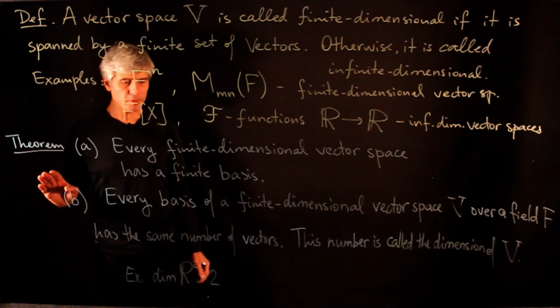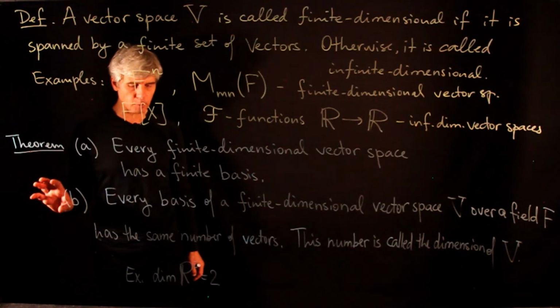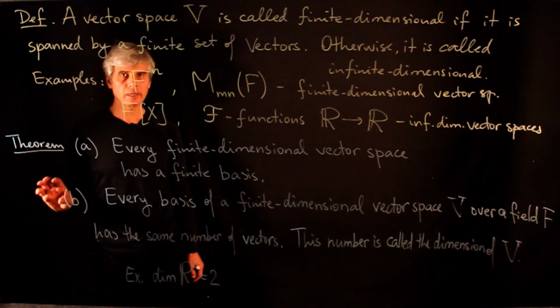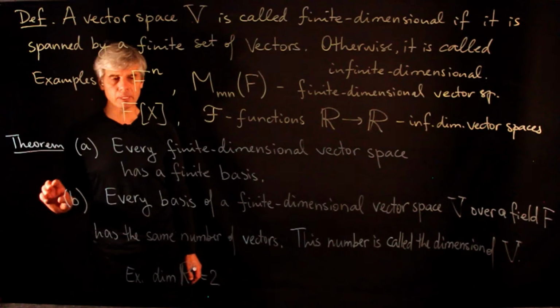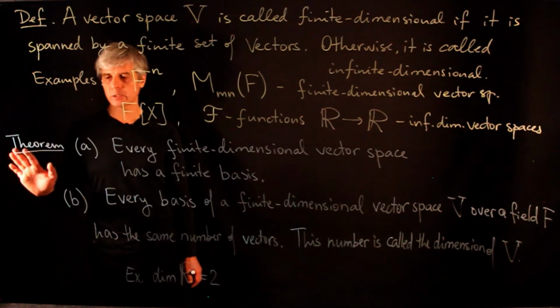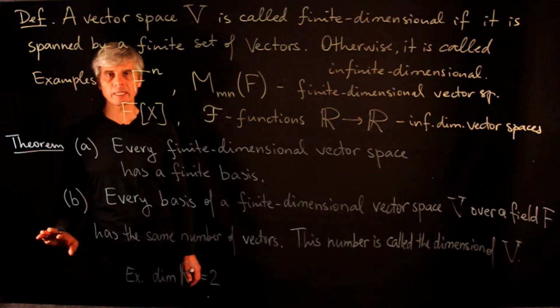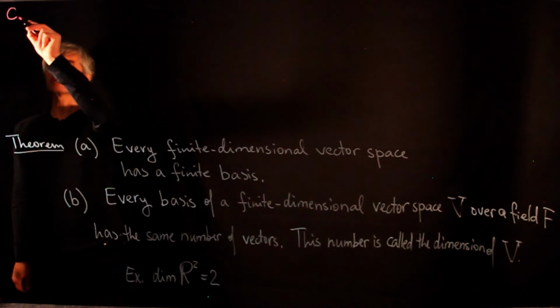In order to prove this theorem, we first need to obtain a couple of auxiliary results, so we'll prove a couple of lemmas that will help us. We'll come to the proof of the theorem a little later today. Let us mention a couple of conventions regarding the empty set.